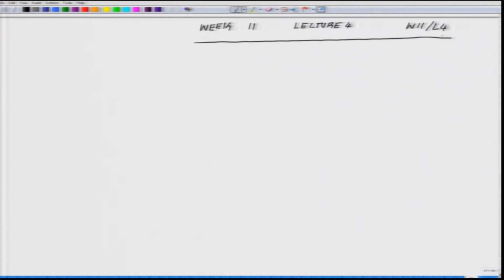Now, the first, some key terms and relationships that we will be discussing, some key terms and relationships pertaining to blood circulation. Okay.